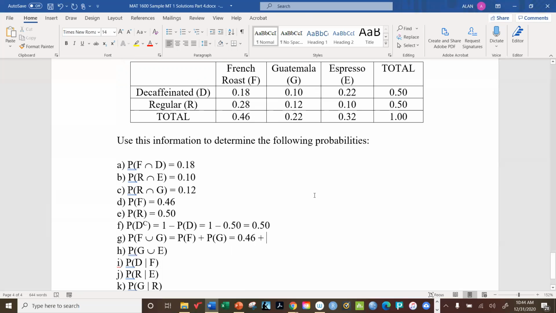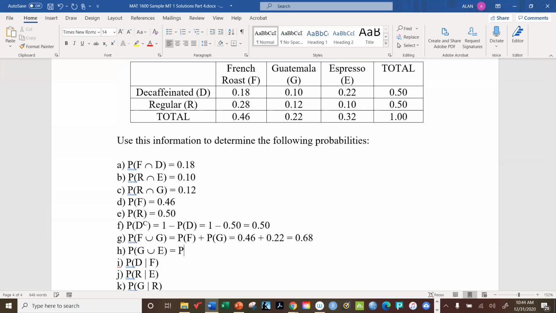G by itself is 0.22. So they add up to 0.68. Okay, it's that simple.